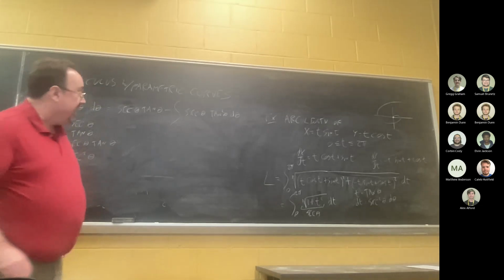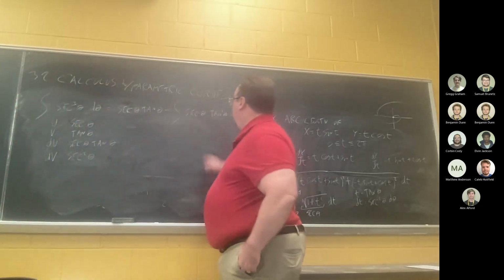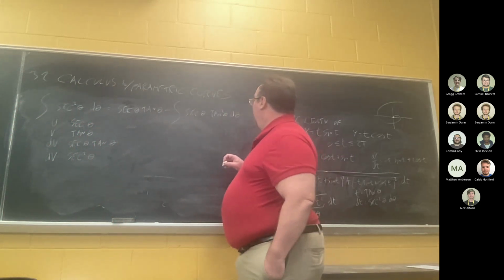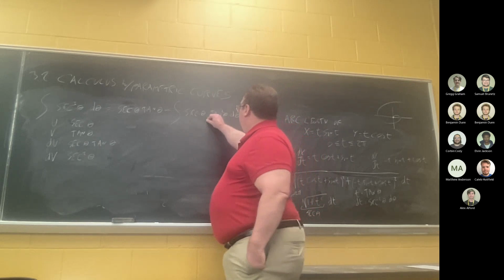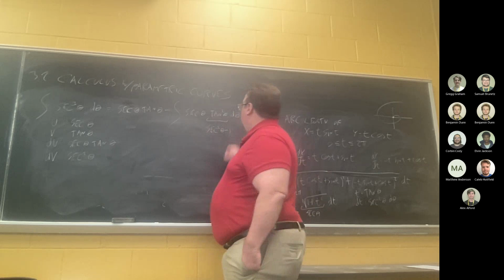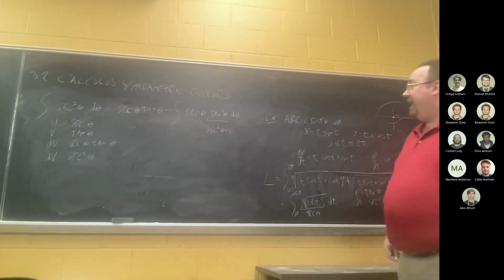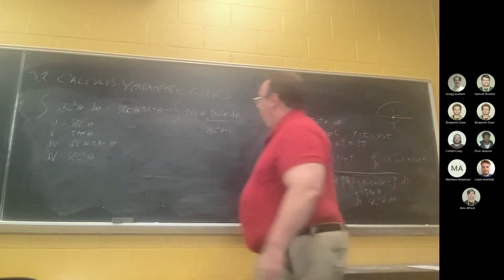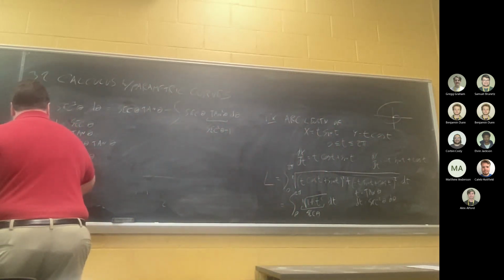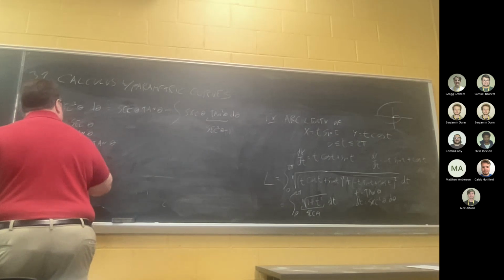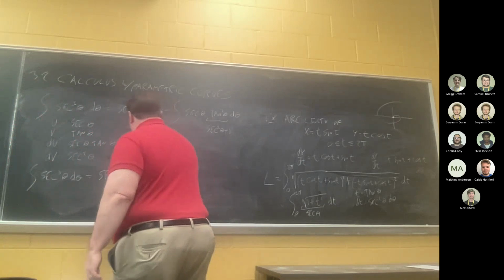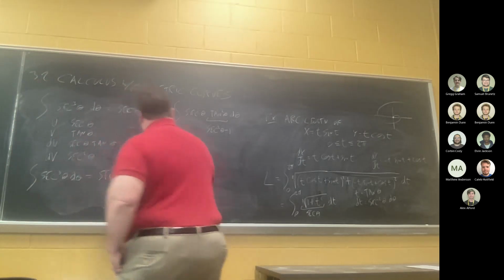Now, things get very dicey from here. You write the tangent squared theta as secant squared theta minus 1, and then you distribute. We shouldn't be spending this much time on this, but this is a trick that comes up now and then, and I want you to be aware of it.